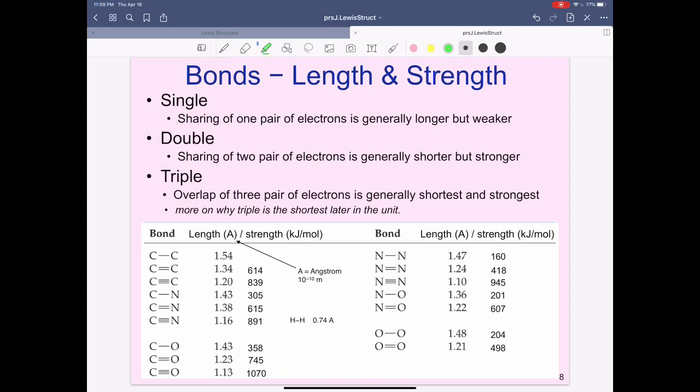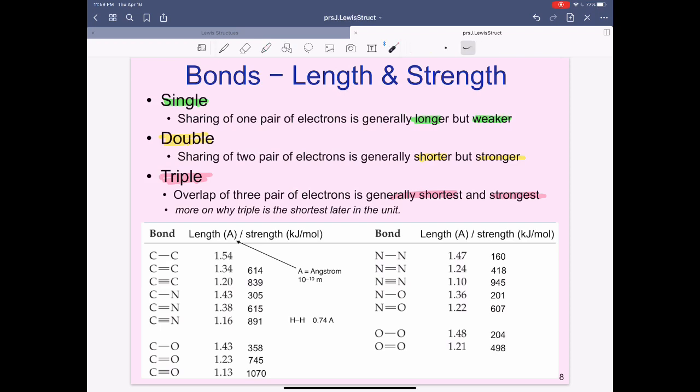So to summarize, we can see that single bonds tend to be longer but weaker bonds. Double bonds tend to be shorter but a little bit stronger in terms of the energy required to break them. And lastly, triple bonds are generally the shortest and the strongest.